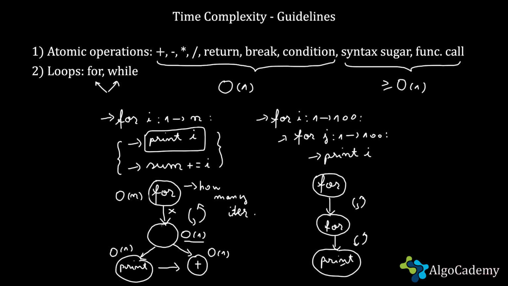Now let's take the second example. Again, what do I do? I start from the bottom, right? And I know that the print is constant time complexity. Then my father is a for loop. So I have to answer how many iterations the for loop does. Well, 100, right? So for 100 times, I'm going to have this big O of 1. And then this also does 100, right?